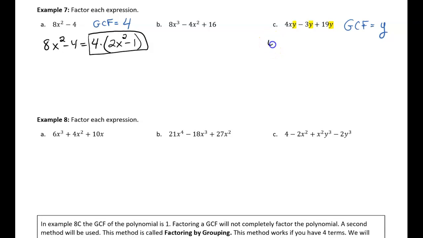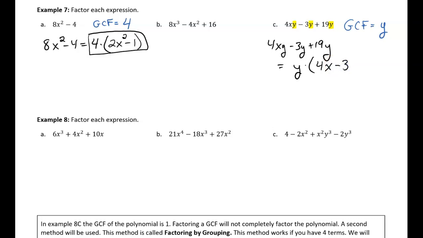So then I can write 4xy minus 3y plus 19y. Factor out that y, undo that distributive property. So if I factored out y from the 4xy, I have 4x left over. The multiplication of the y got pulled forward. Minus 3 times y, well, that's just minus 3.